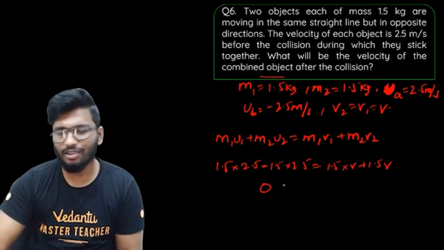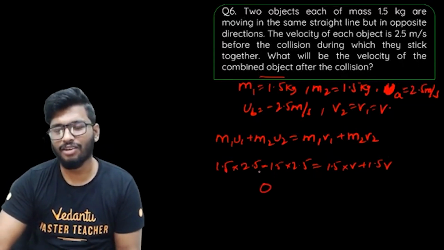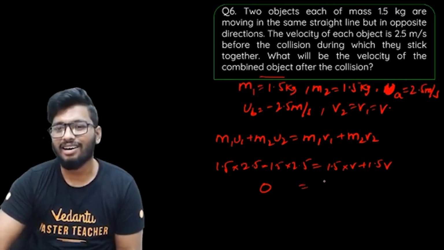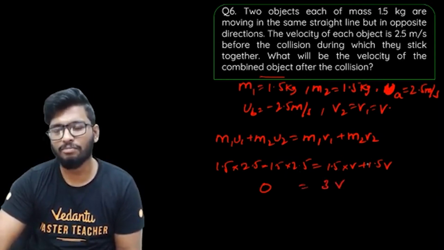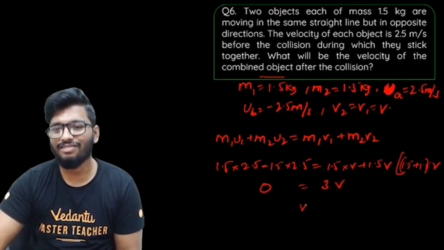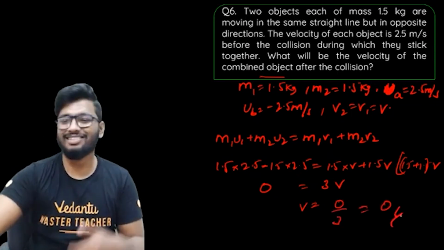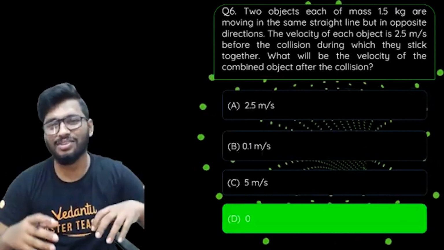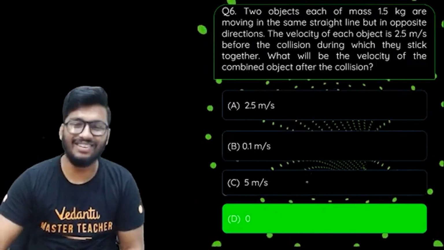So the left side is basically 0. 1.5 into 2.5 minus 1.5 into 2.5 will be 0, which is equal to 1.5 plus 1.5 into V, that's 3V. So V is equal to 0 by 3, which is nothing but 0. So the final velocity of the body is 0. That means the bodies after collision will come to a state of rest. The answer to this question is 0.